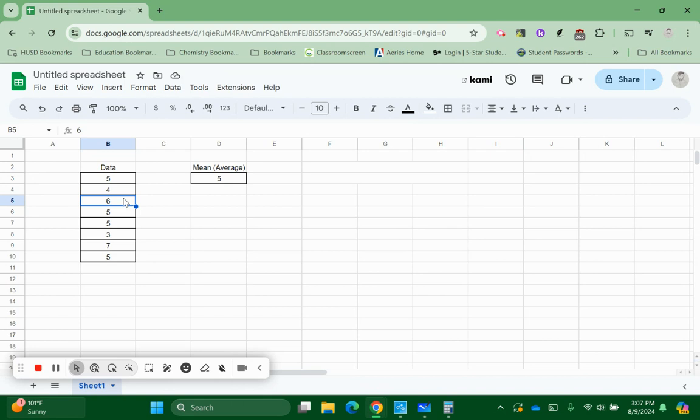But we want another piece of information. We want what's called the standard deviation. The standard deviation is a measurement of how reproducible your data is.